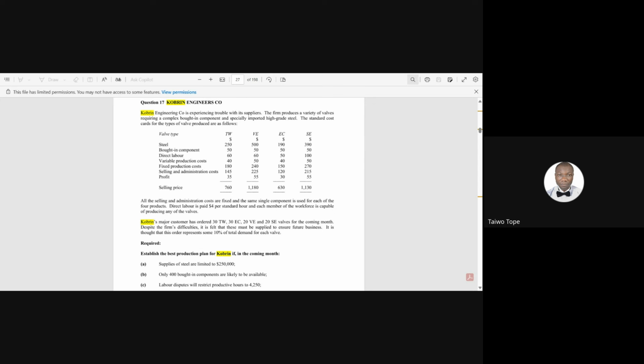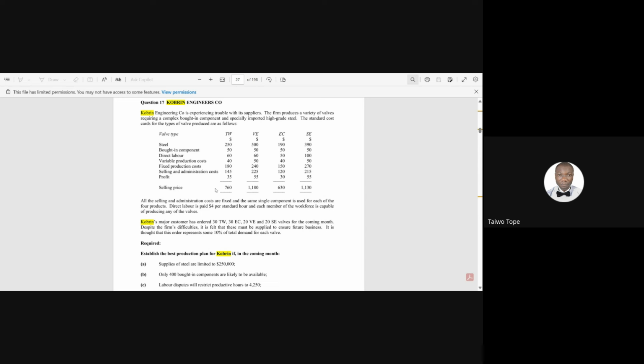Fixed production cost is 180, 240, 150, 270 respectively for TW through SE. The selling and administration cost is 145, 225, 120, 215 respectively for each of the products. The profit 35, 55, 30, 55.